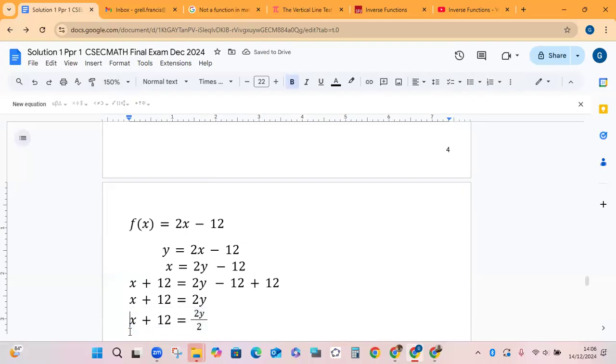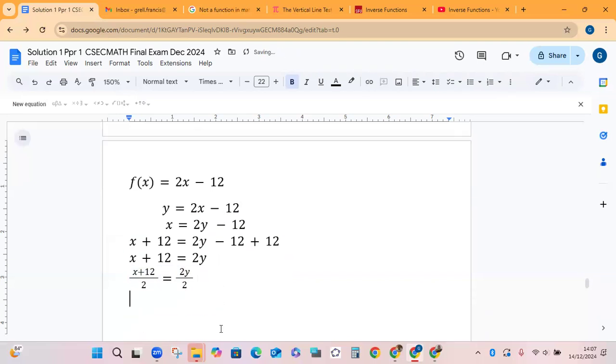What you do on the right side, you've got to do on the left side. So x plus 1 in the numerator, and below we have a divide by 2. The mere fact that you have divided by 2 on the right side, 2 divided by 2 is 1. So we are left with only y, 1y. Y is by itself now.